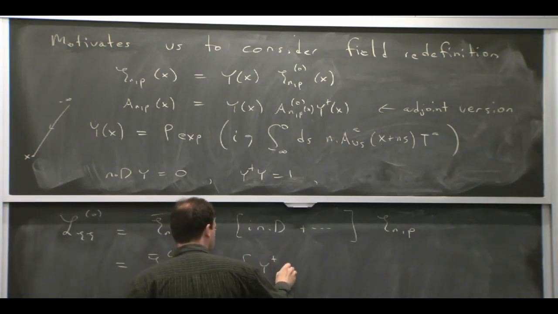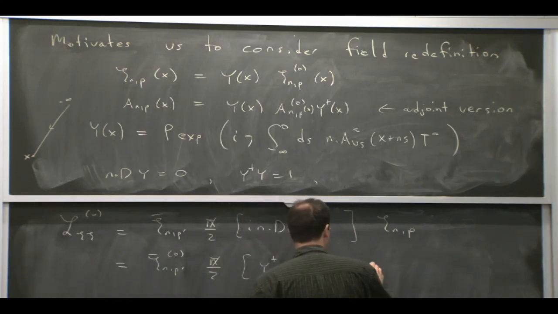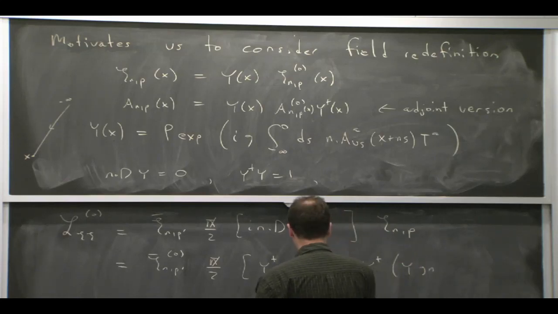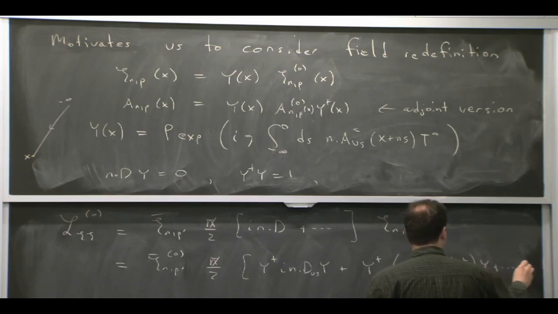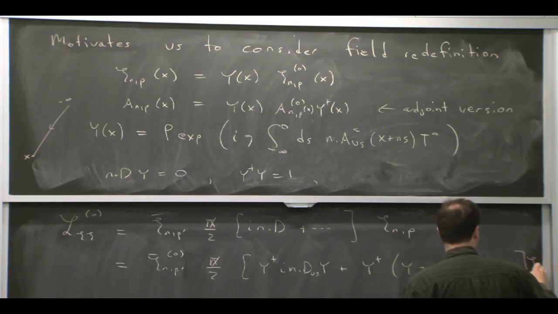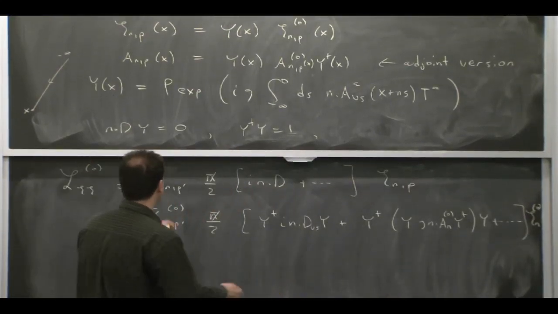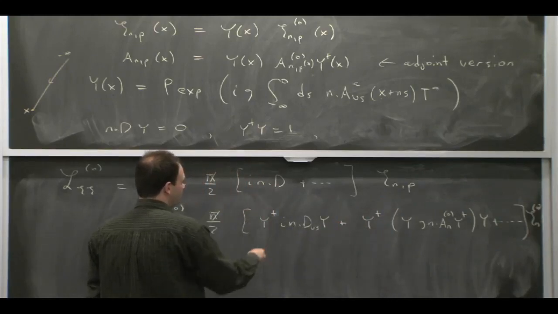And then let me split this derivative into two pieces. I'm still not writing the terms that are in the dots. So what I did is I took the y from this guy and the y from that guy, put them inside the square bracket. This n·D, remember, has two pieces.